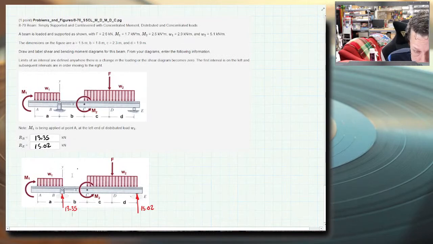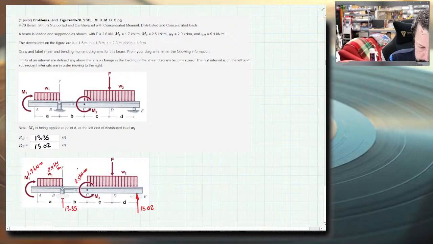So M1, 1.7 kilonewton meters. W1, 2.9 kilonewtons per meter. I better put these in so I don't mess them up. M2, 2.5 kilonewton meters.